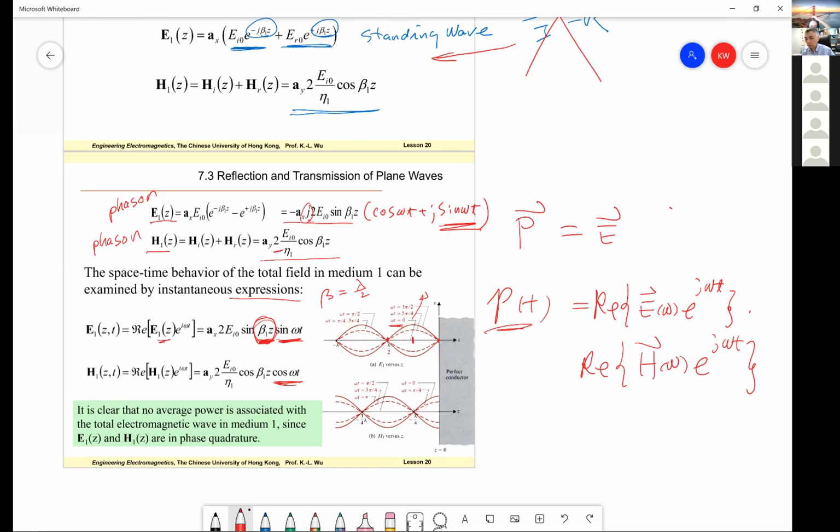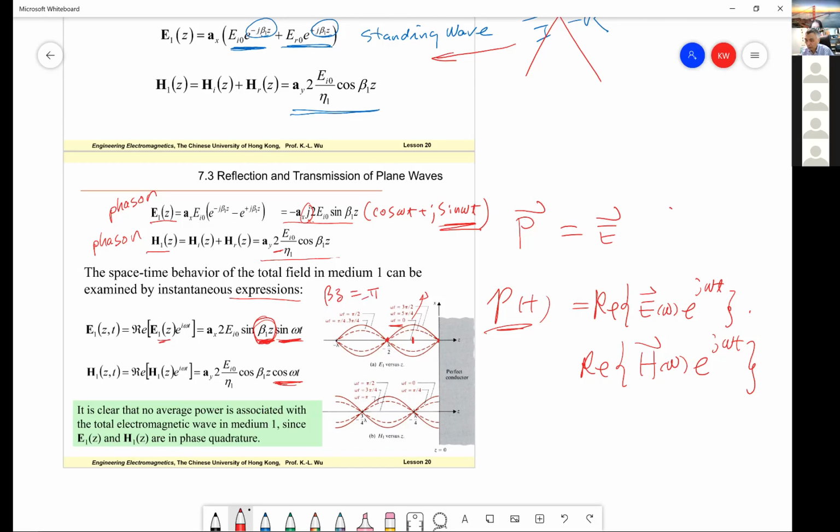If beta z equal to pi, then this is always equal to 0.